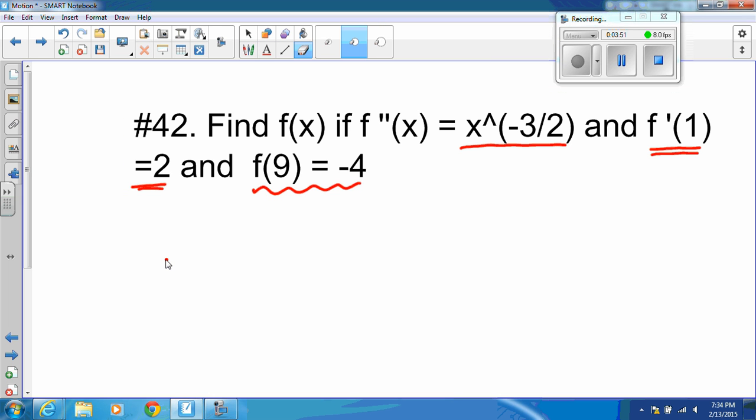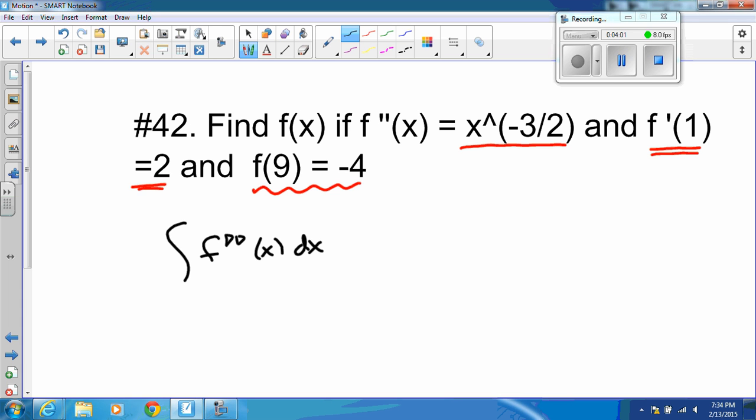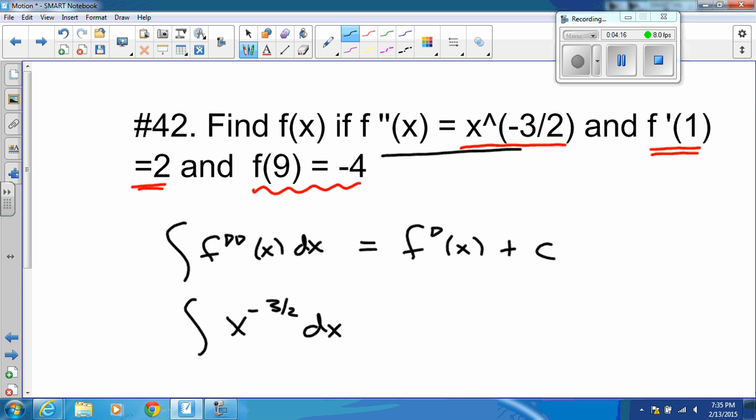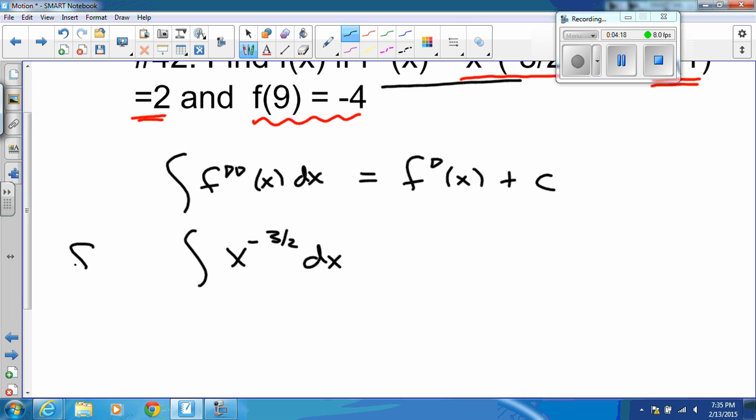Well, if you think about it, f double prime is the derivative of f prime. So that if I integrate f double prime, what I am going to get is f prime plus c, just like that. Aha! So this allows me to integrate f double prime, the original second derivative that was given to me, and call that f prime of x.